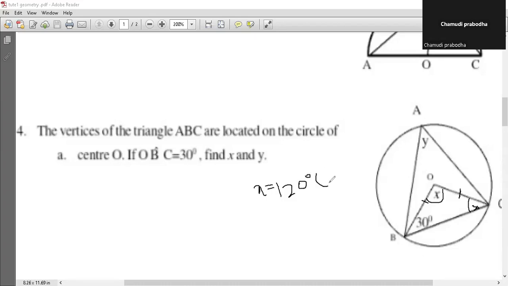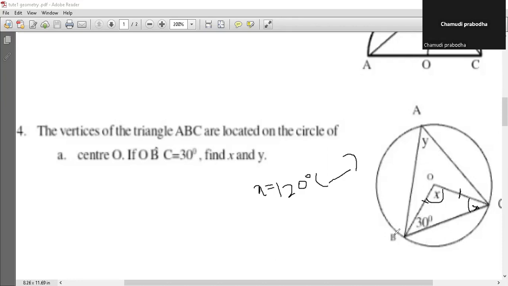Reason: the sum of the interior angles of a triangle is 180 degrees. Then there's a theorem. The angle subtended by an arc at the center of the circle is twice the angle subtended by that arc at the circumference.